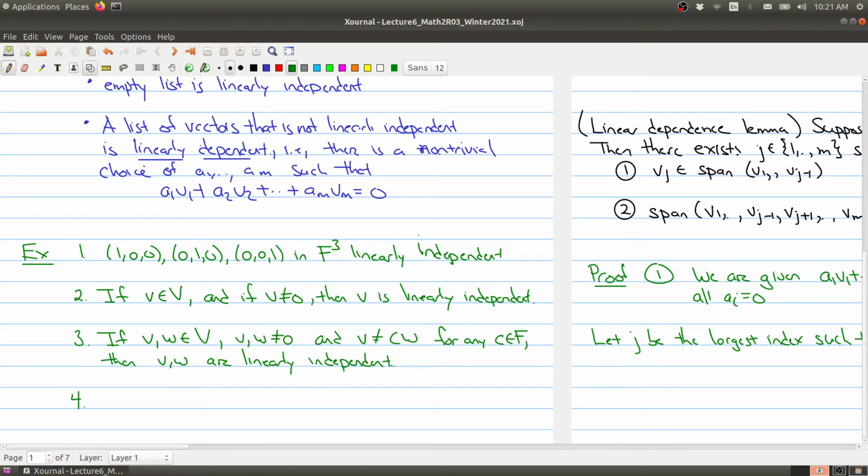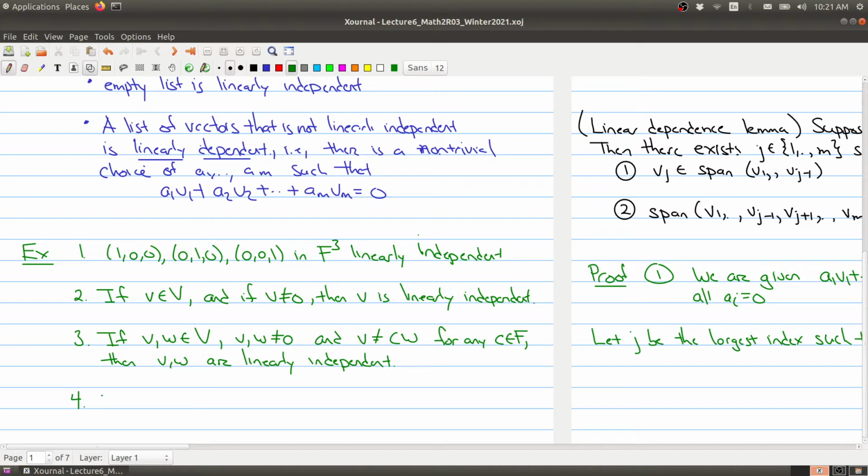So what statement 3 is saying is that it's very easy to decide if two vectors are linearly independent. It's independent if one is not a scalar multiple of the other, provided that both of those vectors are not 0.